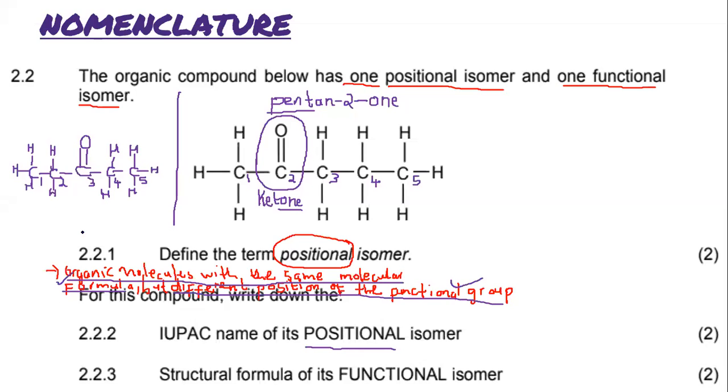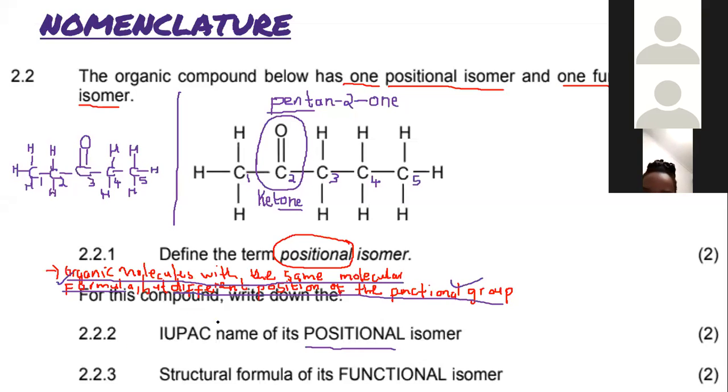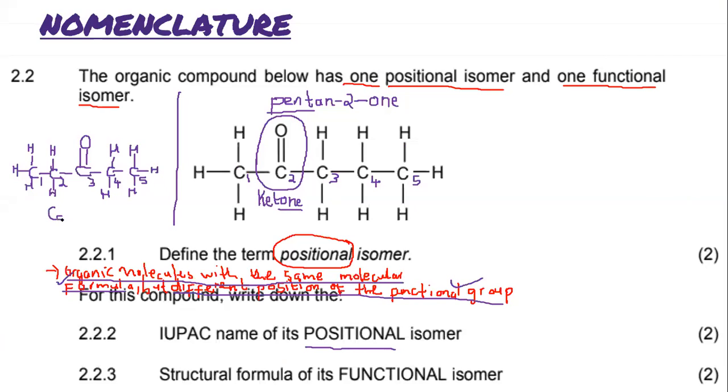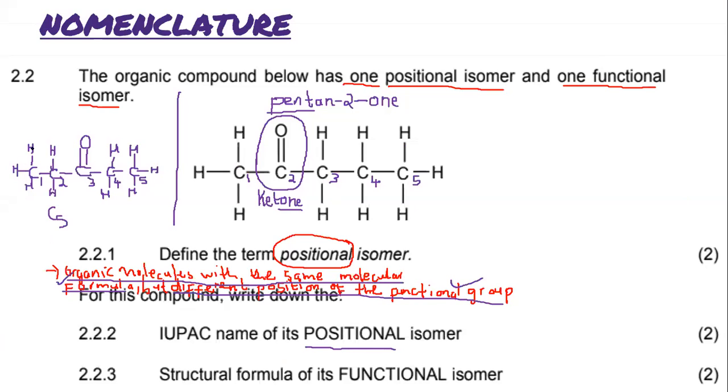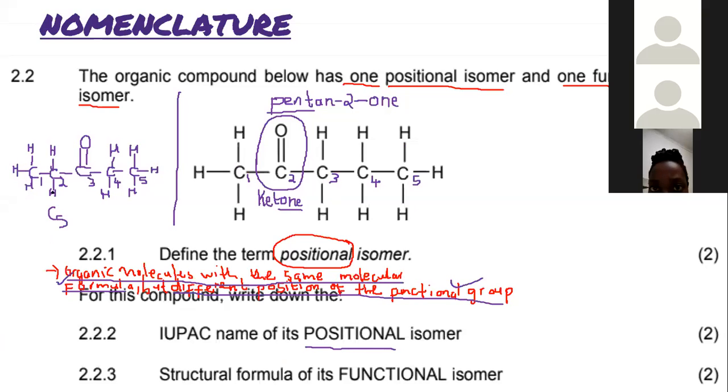Let us check. For it to be a positional isomer, we said these 2 organic molecules must have the same molecular formula, and let us check if that is the case. The number of carbon atoms here is 5, so the molecular formula is C5. The hydrogens is definitely 10: 1, 2, 3, 4, 5, 6, 7, 8, 9, 10.